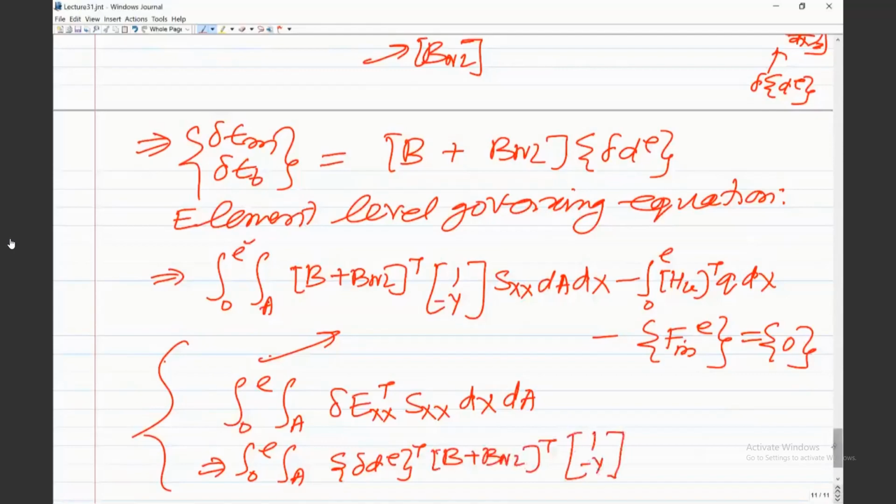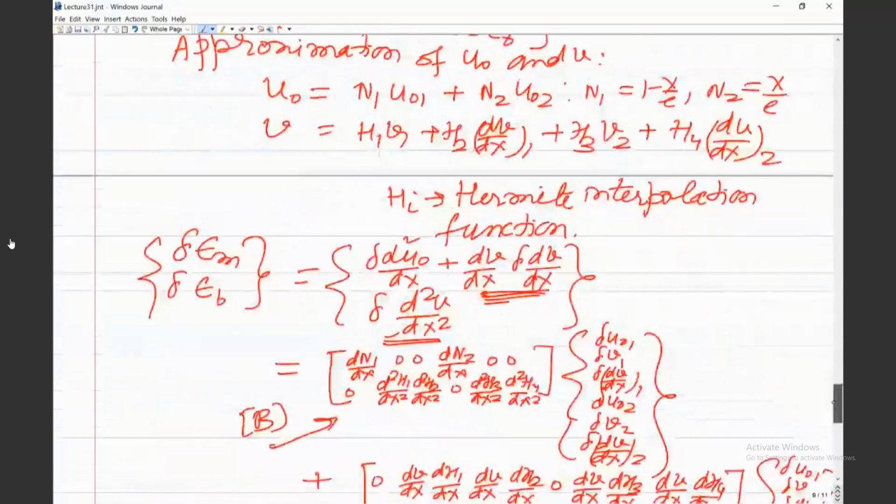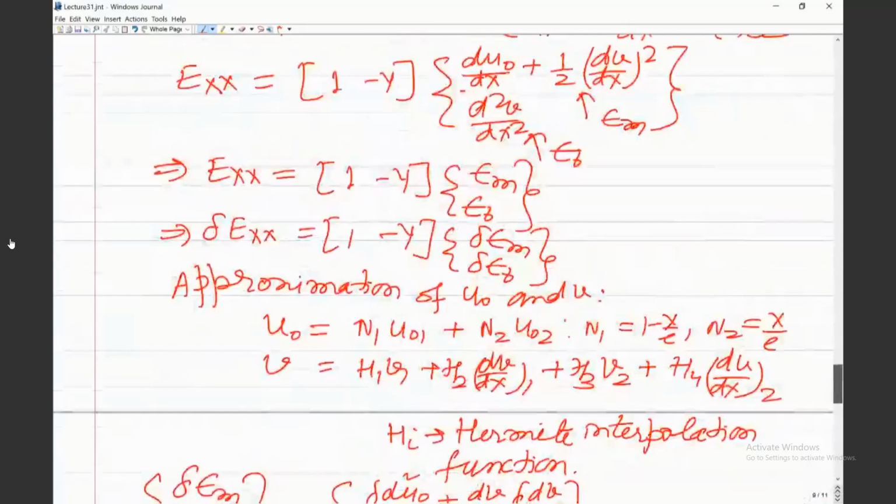Why this? Because if you look at this strain, what I have written here, this is your delta Exx, which is 1 minus y into delta epsilon M and delta epsilon B. When you take its transpose, it becomes delta epsilon M, delta epsilon B transpose, and then the transpose of this becomes a column vector 1 minus y.